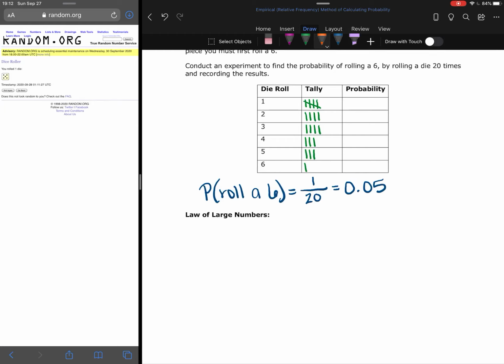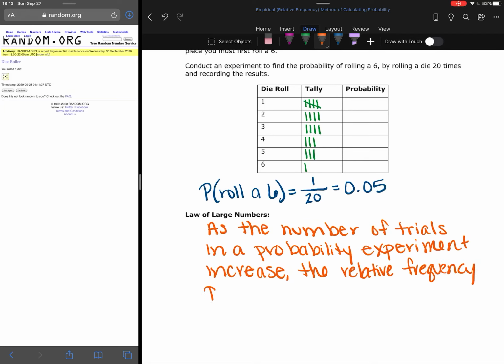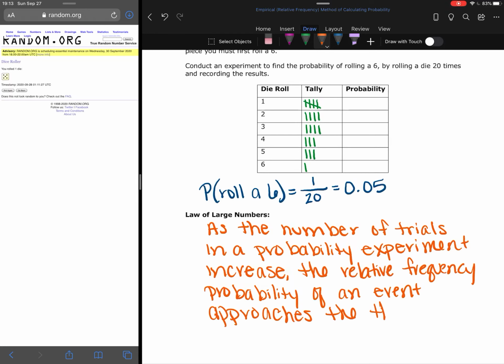The law of large numbers says that as the number of trials in a probability experiment increase, the relative frequency probability of an event approaches, or gets closer to, the theoretical probability of that event.